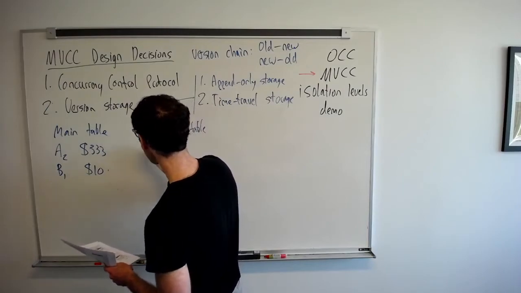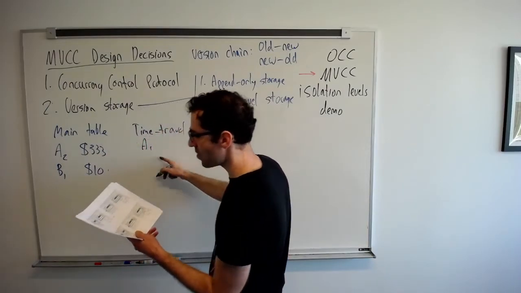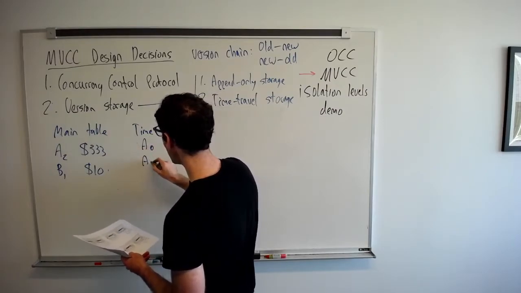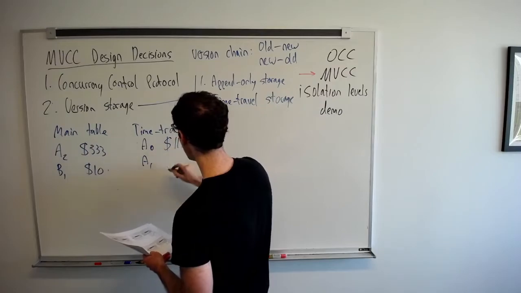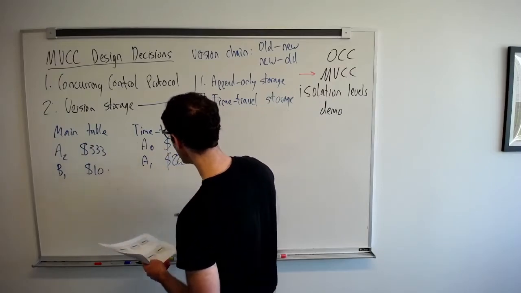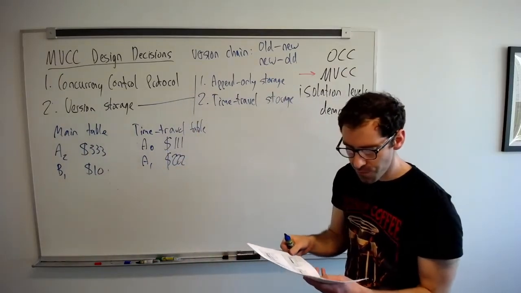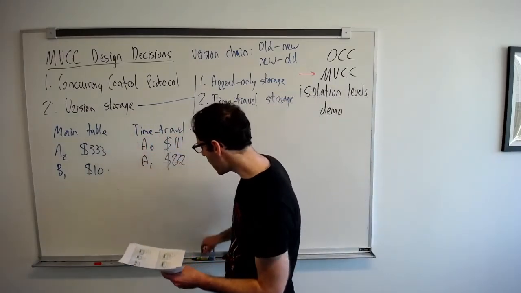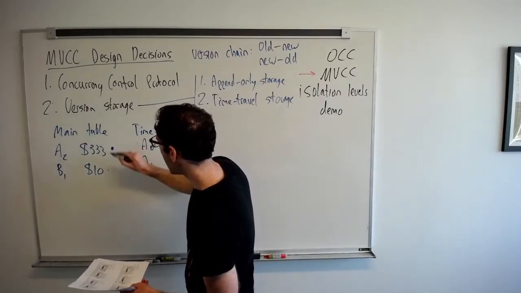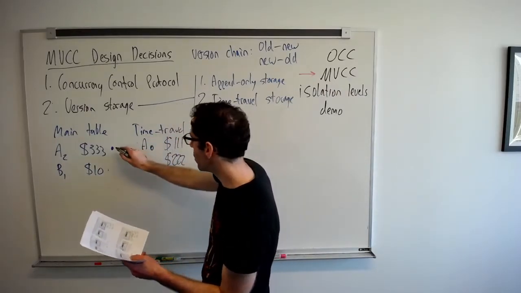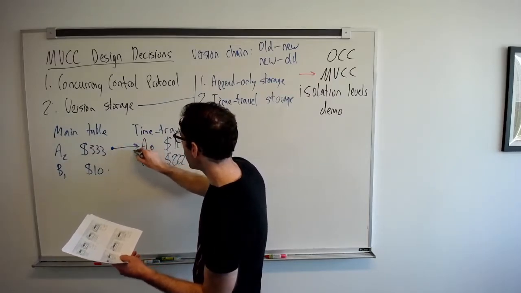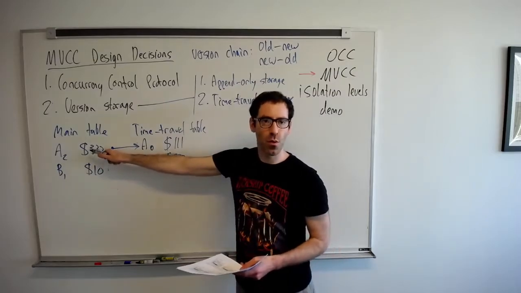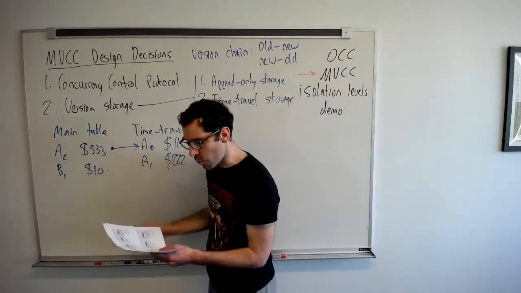So this time travel table is where we have A1, A0, and B1 with their 111 and 222. And our main table would have a pointer to the time travel table that had the old entries for that object.